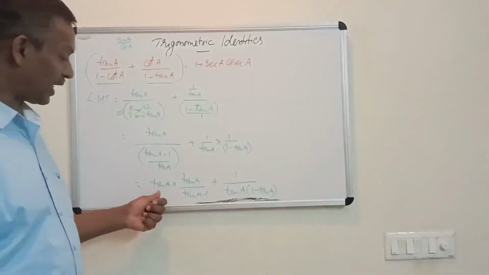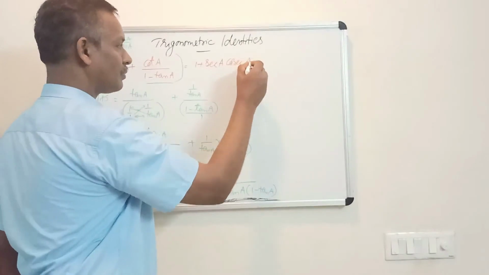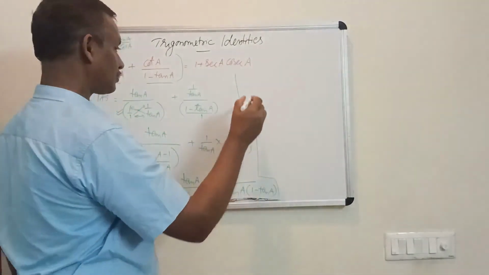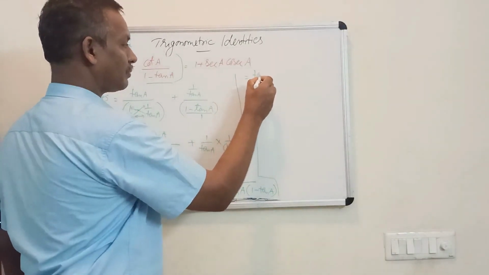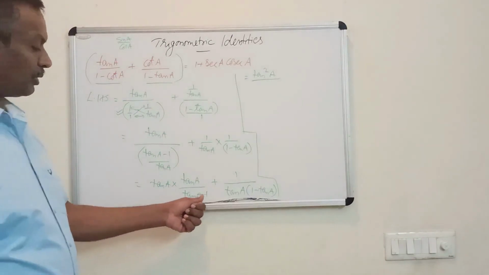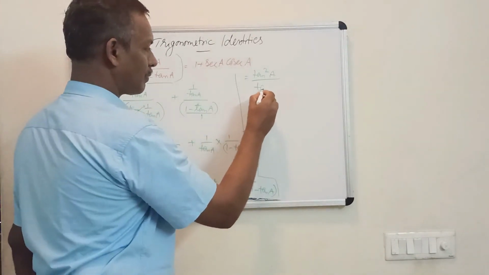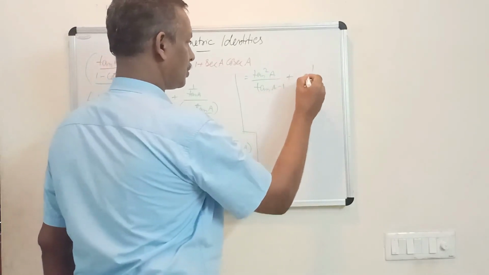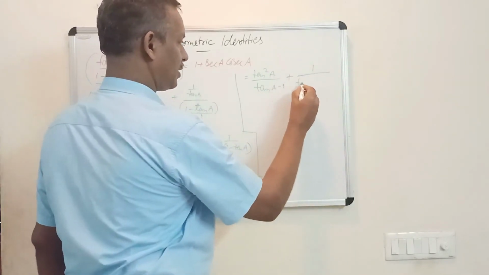Multiply this tan A and tan A, you get tan square A upon, the denominator is tan A minus 1, plus 1 upon tan A into.